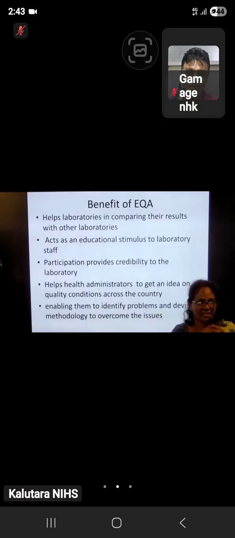So, is it clear? Not only in microbiology, biochemistry and other disciplines also have EQA. Anything else you want to ask regarding EQA? EQA, is that clear?